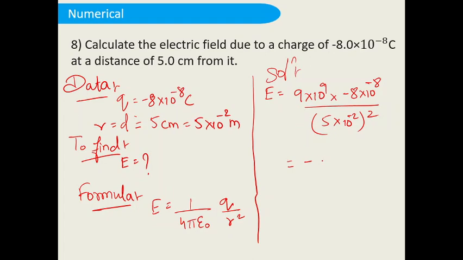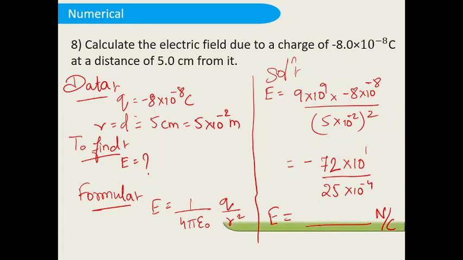So 9 into 8 is 72. 10 raised to power minus 8 and plus 9 will give you 10 raised to power plus 1, divided by 25 into 10 raised to power minus 4. So you have to solve this. So do these calculations. The unit is Newton per coulomb or volt per meter. So I request you all to please do these calculations.